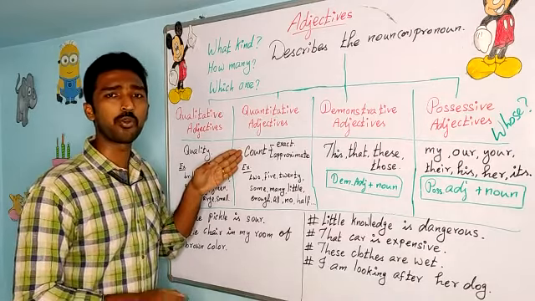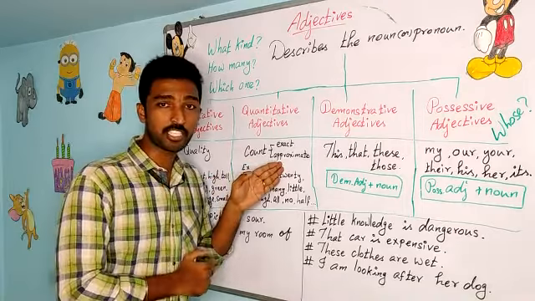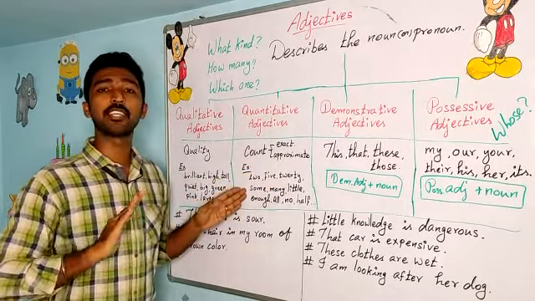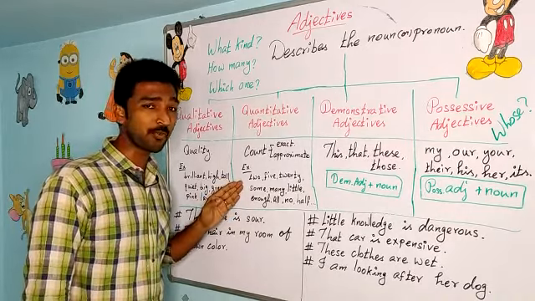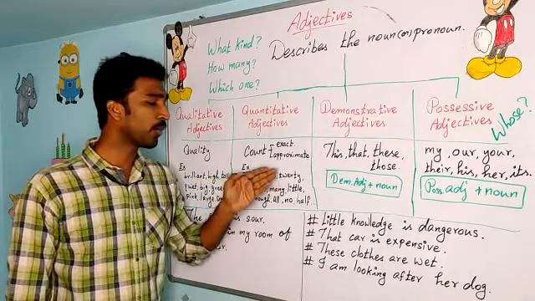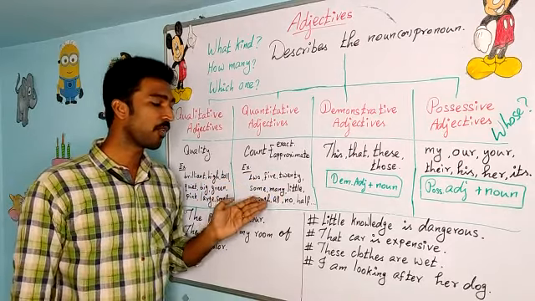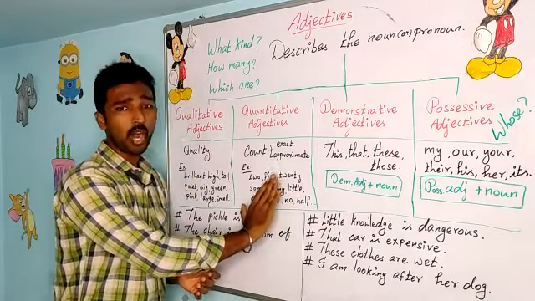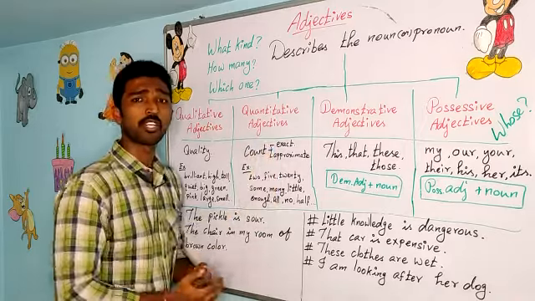Or sometimes it may be an approximate count. For example, some, many, enough, little. Some examples I have given are 2, 5, 20, some, many, little, enough, no, half. These are quantitative adjectives that reveal the count of the noun.